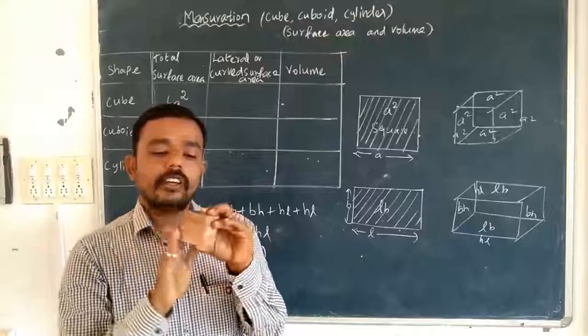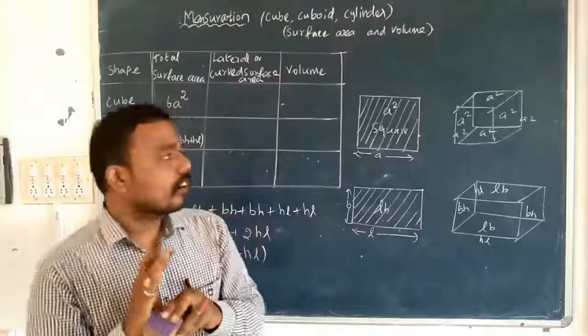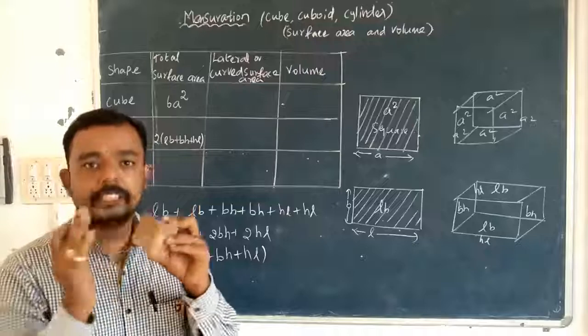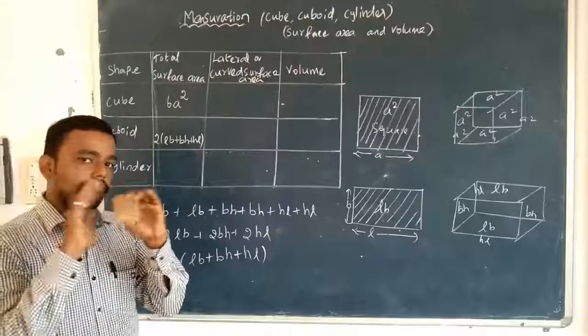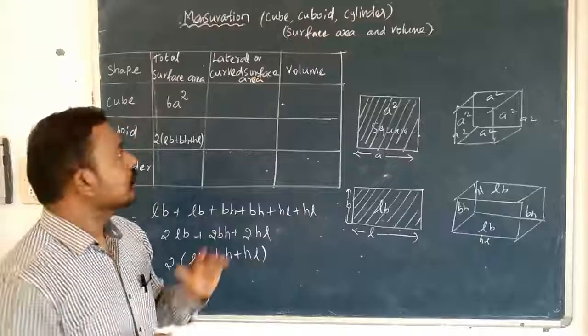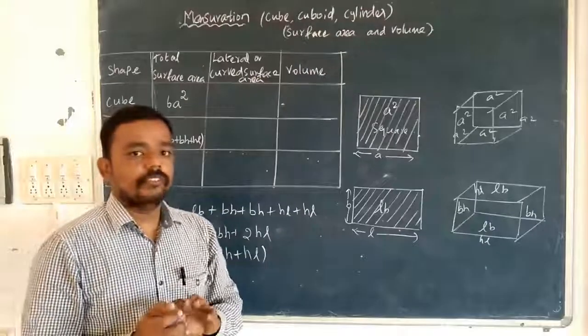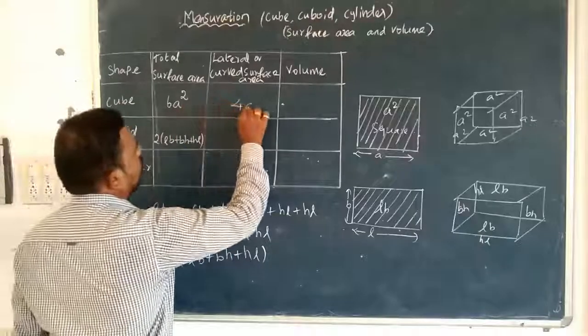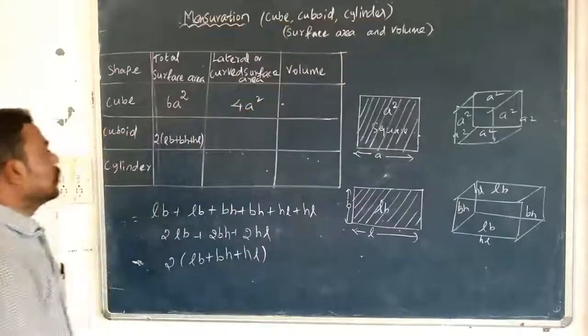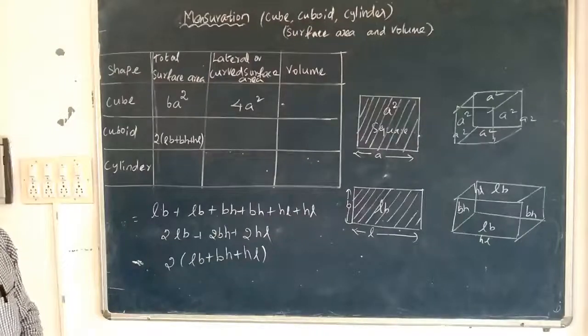So the flat surface area is called lateral surface area. A bending shape is called curved surface area. For the cylinder we have a bending shape, so it's called curved. But in flat form it's called lateral. Now, come to the lateral surface area of the cuboid.